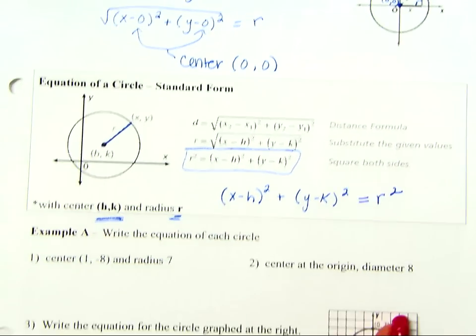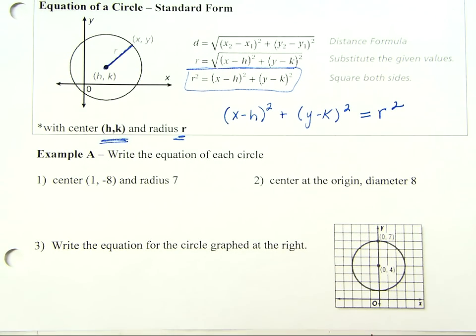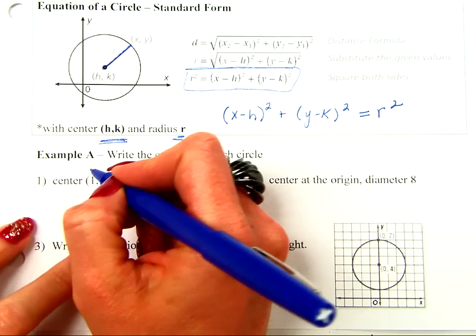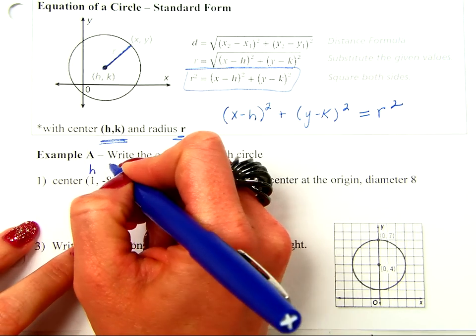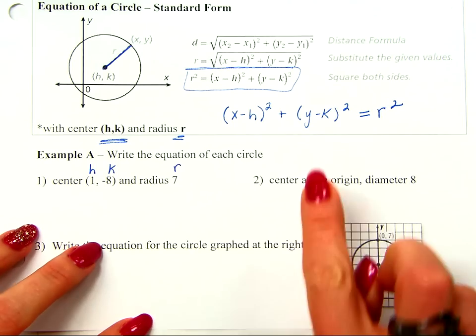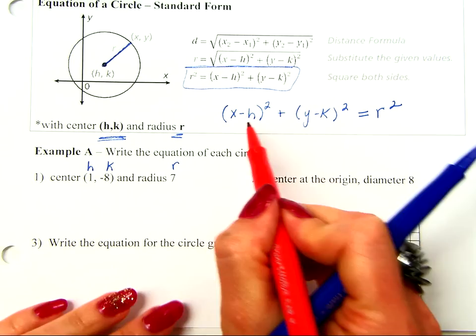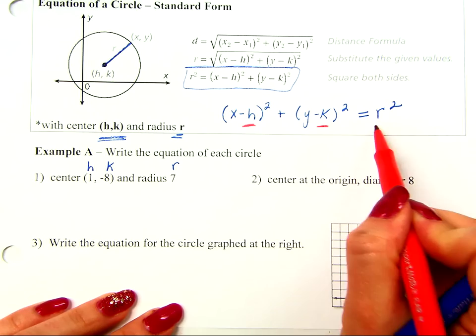So if you look down below, we're just going to practice writing our equation. In question number 1, they give us a center of 1, negative 8 and a radius of 7. And really all we need to do is make those substitutions. If this is my center point, this is going to be h, k, and my radius is going to be r. And I'm going to go ahead and substitute it in up here for h, k and r.